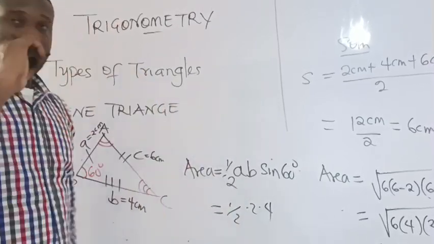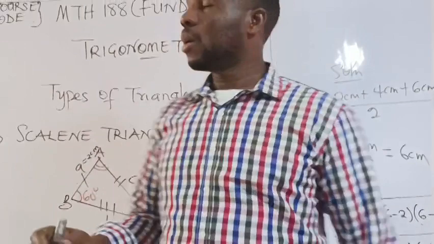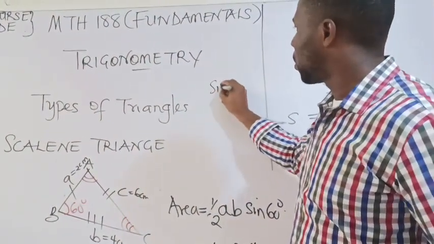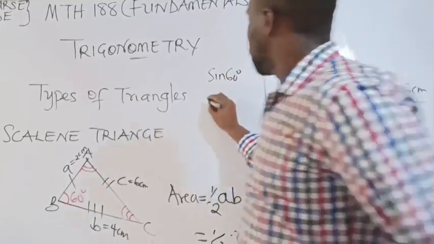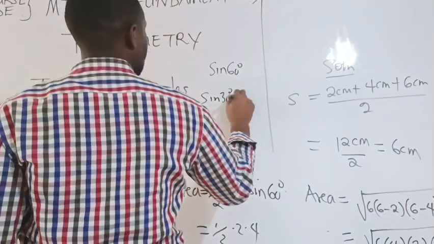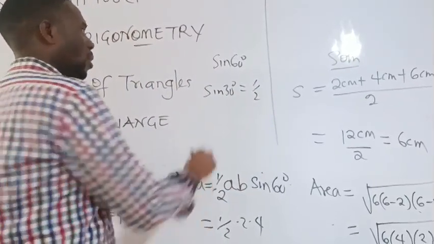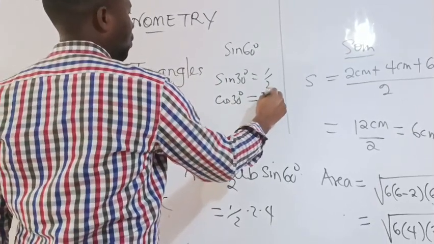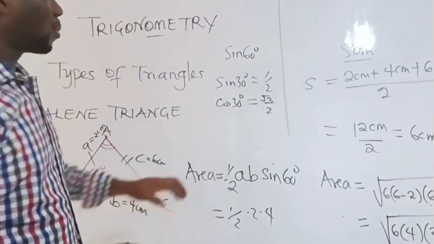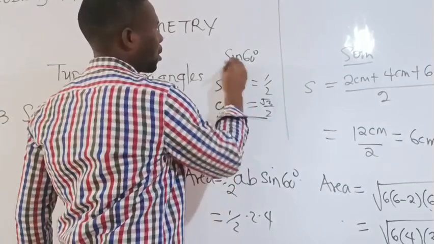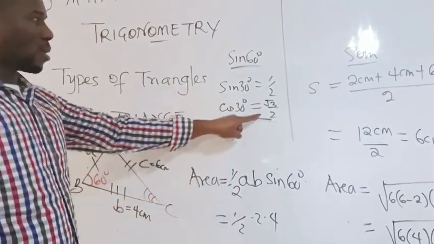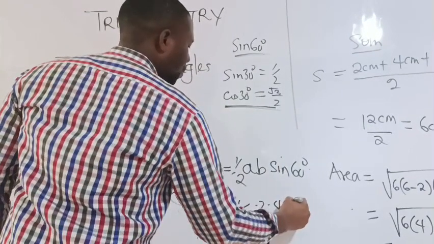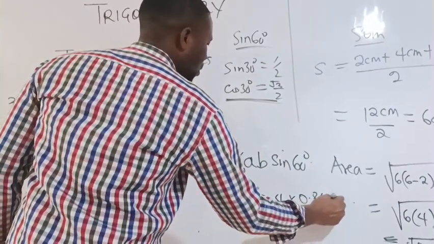and of course sine 60 degrees. If sine 30 degrees is a half and cos 30 degrees is root 3 over 2, then sine 60 is the same as root 3 over 2, and that turns out to be 0.8660.